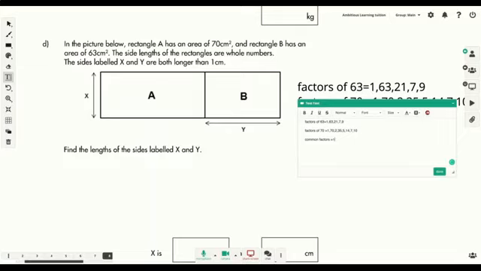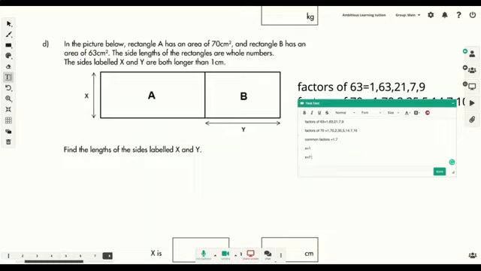Then I'm going to use the common factors. Common factors are 1 and 7. So I know that x equals 7 now. Sorry, 1. X equals 1 and x equals 7.